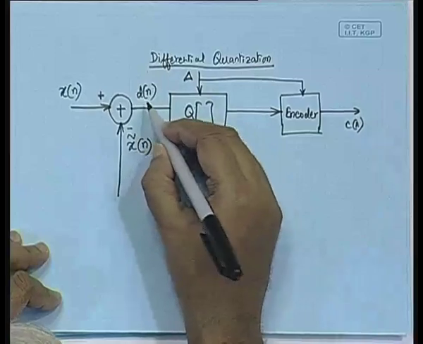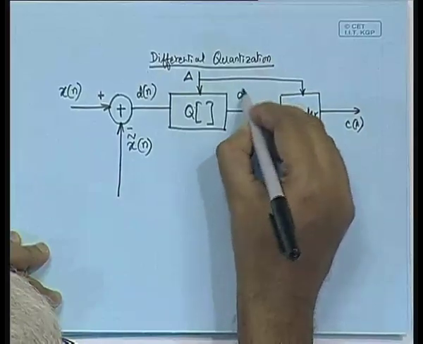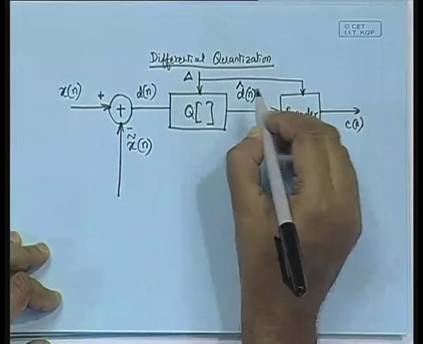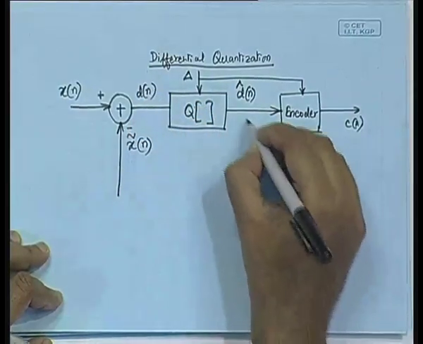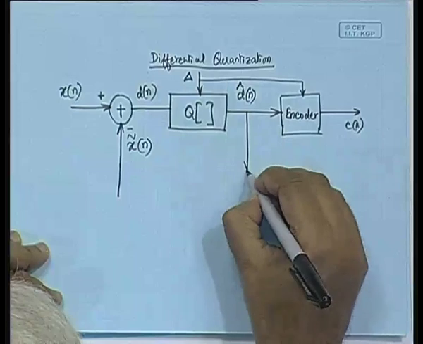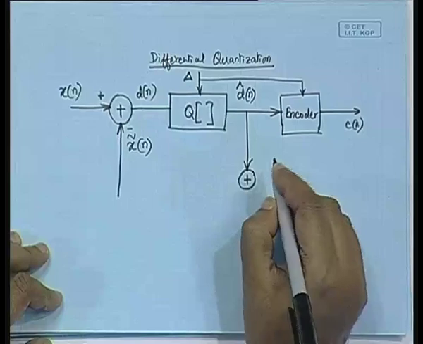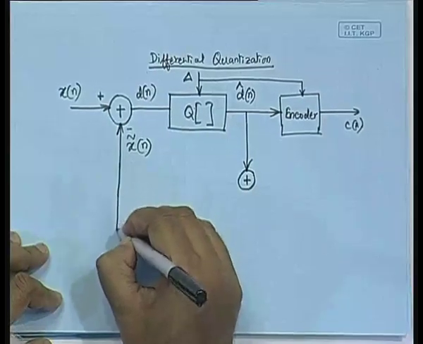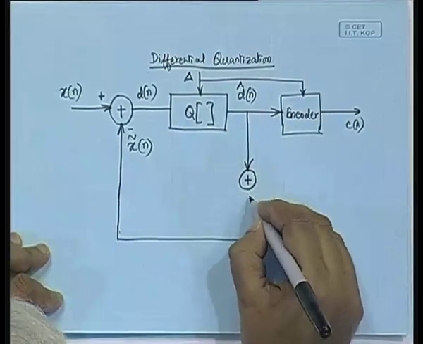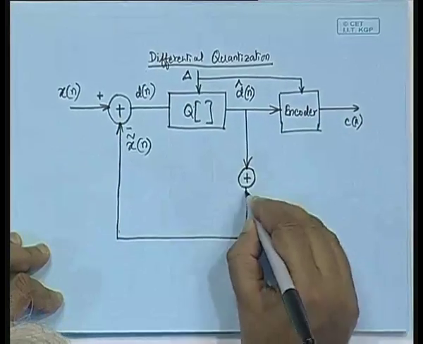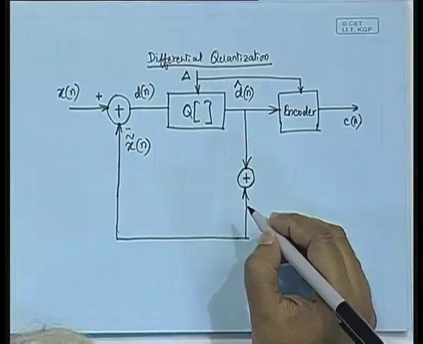Now this is d of n, and at the output of the quantizer we will call this d cap of n. So this is the quantized version of the differential signal d of n. Now d cap of n we put through a summer block. If I add d cap of n with x tilde n, what would you expect to get? X cap of n.